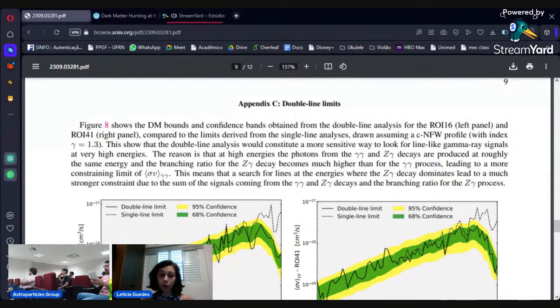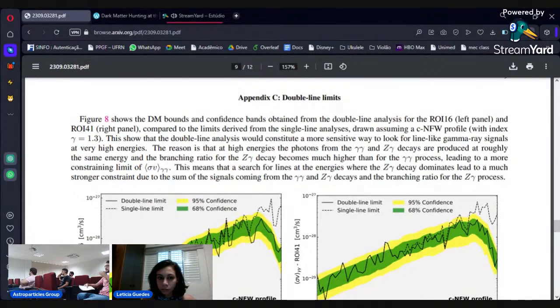They don't say why they're equal in lower energies, but yeah, it's related to the branching ratio of the gamma Z. But to be honest, I didn't understand quite deeply here. But they say it's because of the branching ratio that it's more constrained in bigger energies.